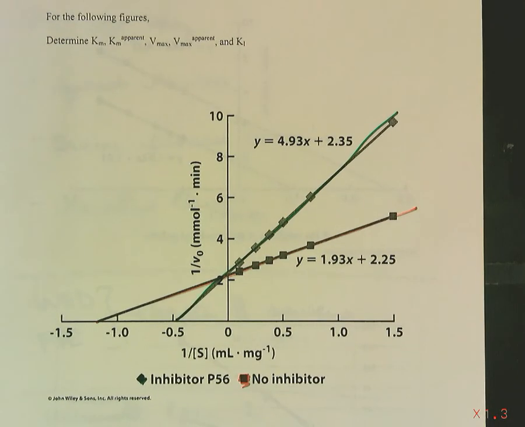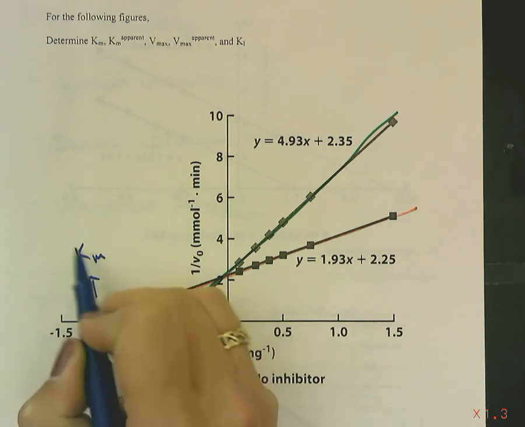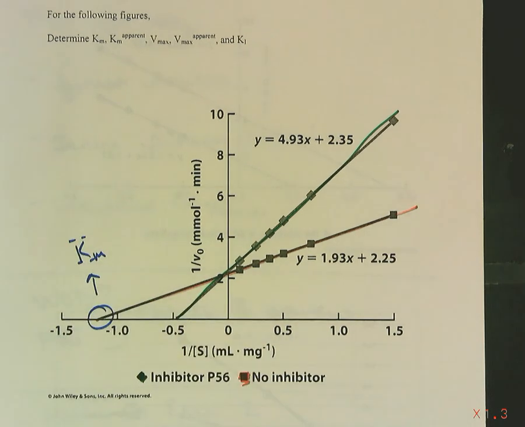All right, so on which axis do I look for Km? The x-axis or the y-axis? I look for it on the x-axis. Does Km get calculated with an inhibitor or without inhibitor? Without. This one is Km, because this one is the apparent Km, right?